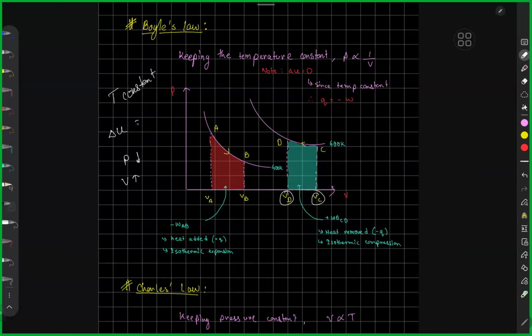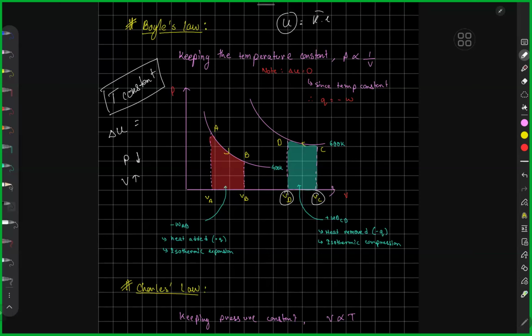So delta U will be zero. There is no change in internal energy. Why? The simple indication is that temperature is constant. Whenever you see temperature being constant, you straight up know internal energy did not change. Why? Because internal energy comprises KE plus PE. And potential energy for ideal gases is zero, so you can remove that.